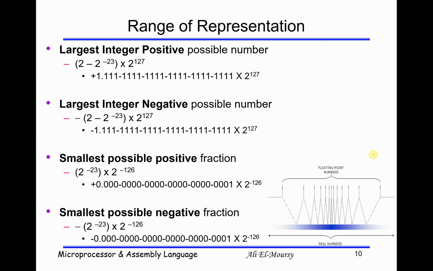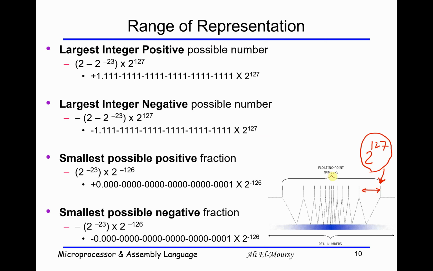If I'm talking about the largest exponents, I have 2 to the power 127, and when I change the value of the fractional mantissa, I have bigger spaces between the numbers for the large numbers. This is at the high end of the representation.